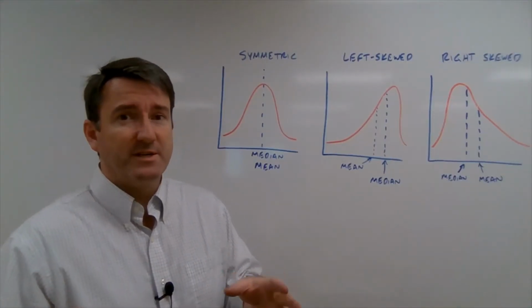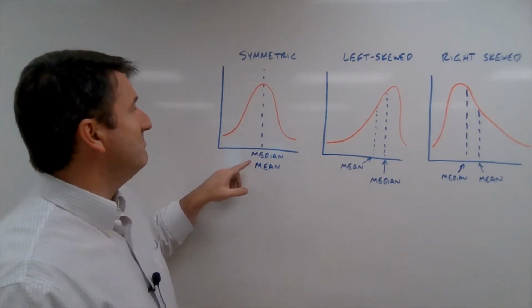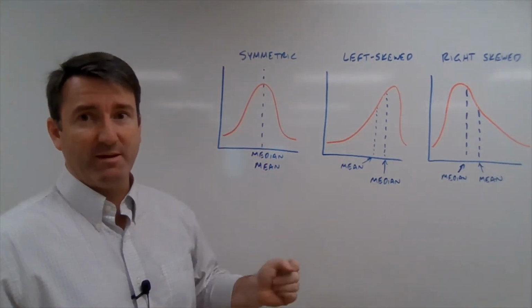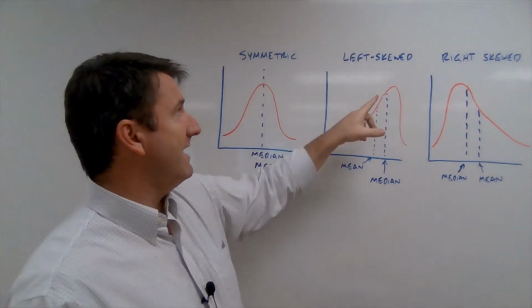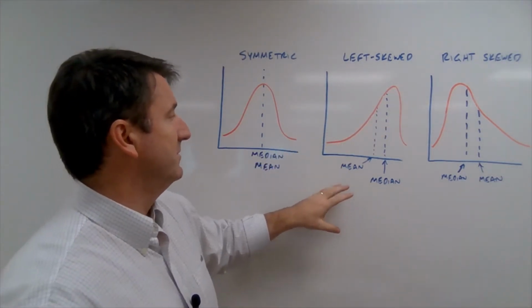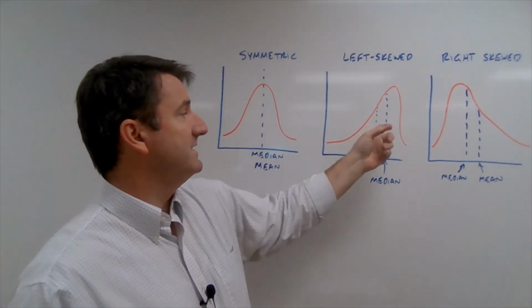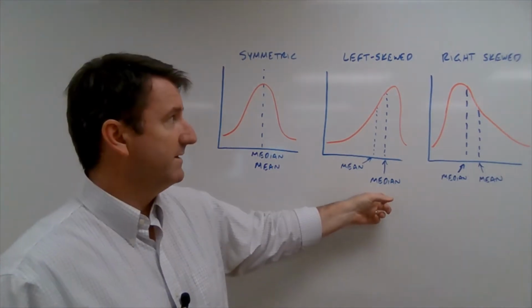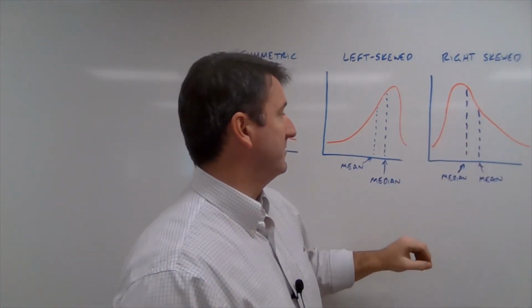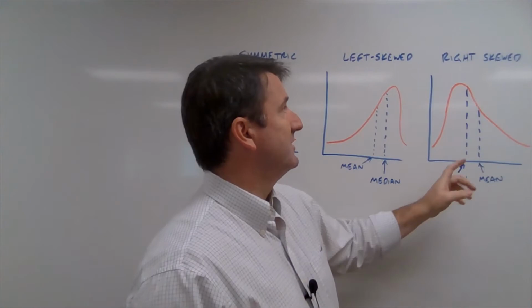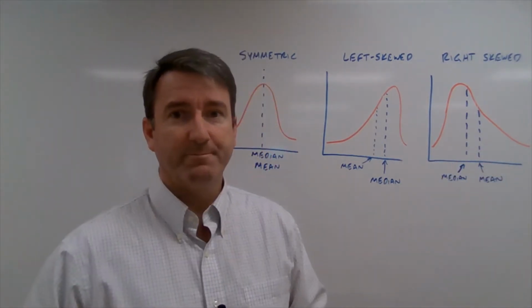For a symmetric distribution, the mean and median will be at about the same place. For a left skewed distribution, the mean will be to the left of the median. And for a right skewed distribution, the mean will be to the right of the median.